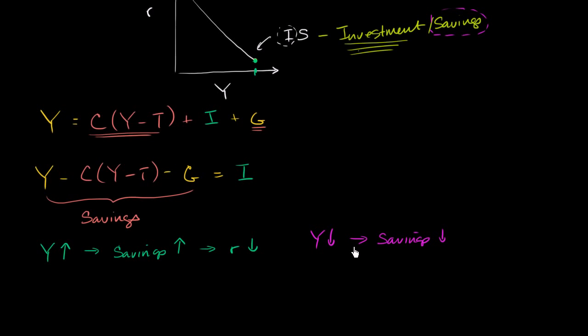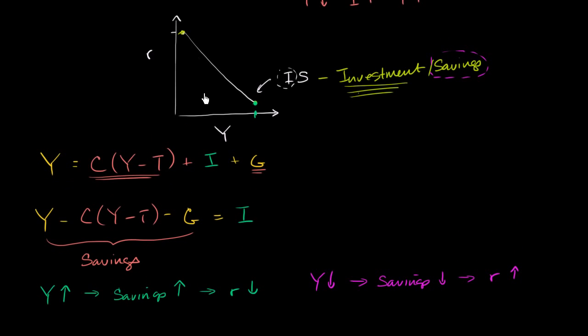And if you have fewer loanable funds, there's less savings to lend out, then if you have less of a supply of something, what's going to happen to its price? Its price is going to go up. The price of borrowing money is the interest rate. So in this situation, interest rates would go up. So that's going in this direction right over here. If aggregate income goes down, loanable funds go down, interest rates are going to be higher.